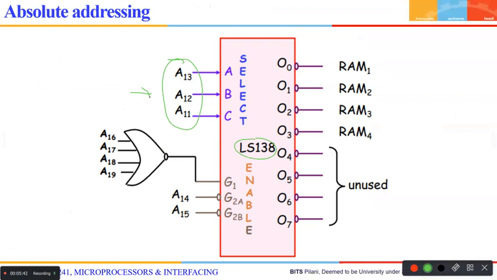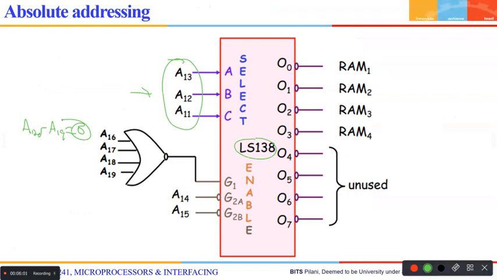Now let us look at the table. You can see that from A14 to A19, it's all zeros in this entire address range.